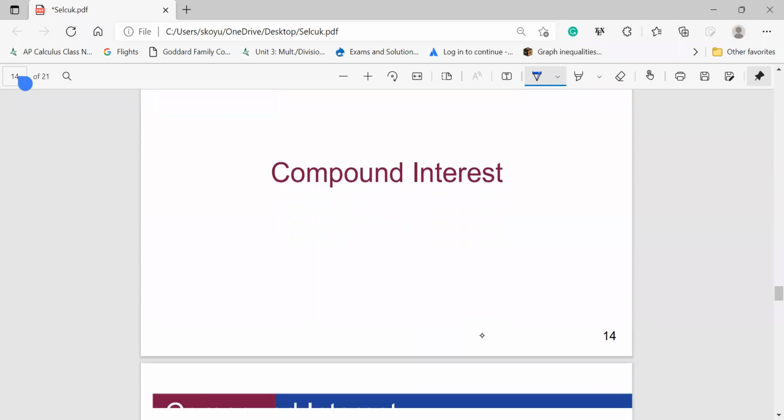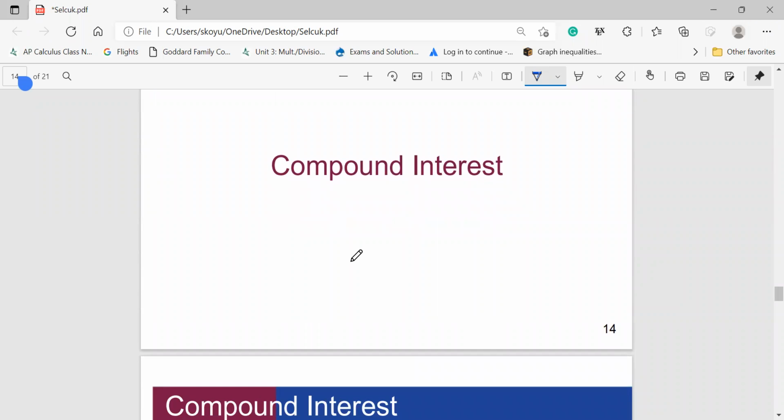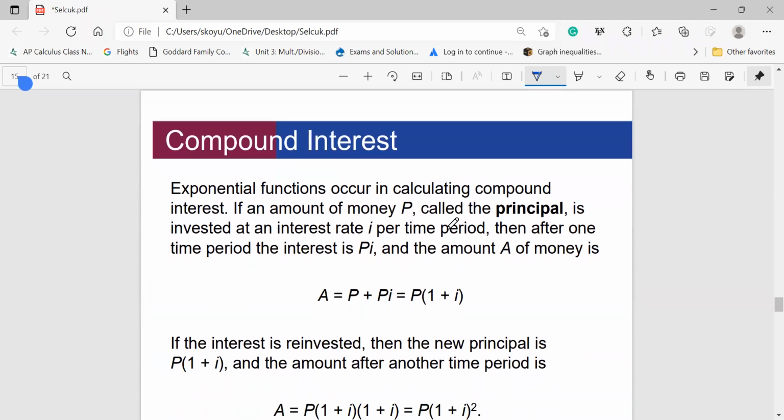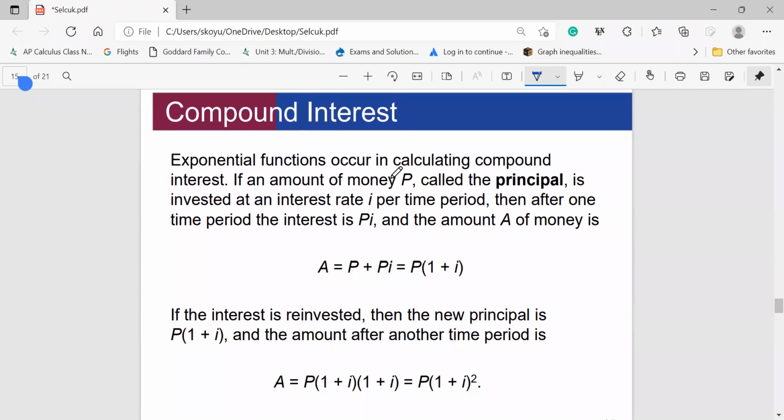Okay. So one important application of exponential function is compound interest. And the compound interest is basically an exponential function for calculating the compound interest.